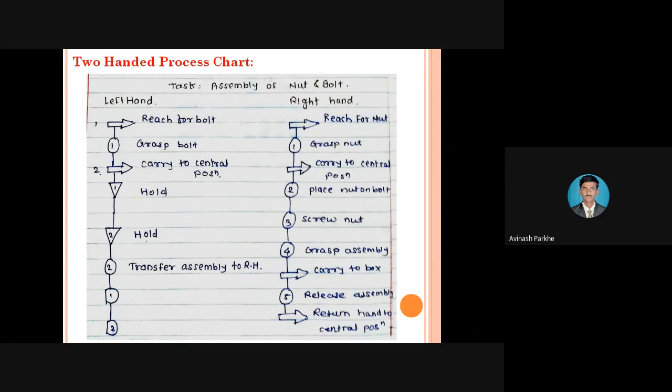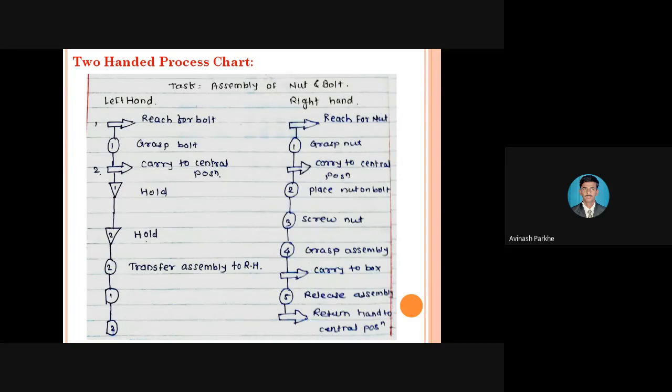In a single task, if the movement of the left hand and the movement of the right hand are both taking place, both movements are represented in this chart. Therefore, this chart is called a two-handed process chart.